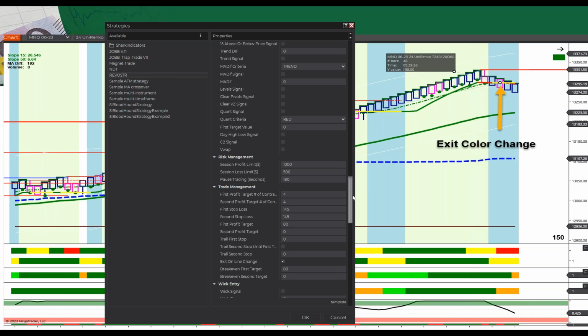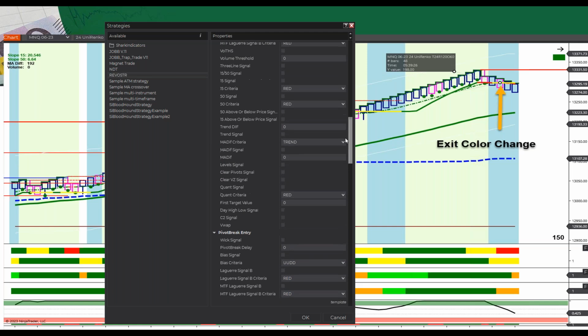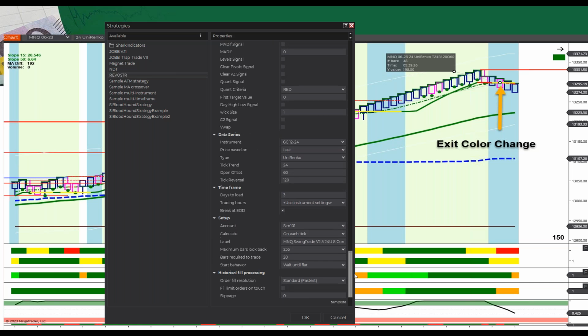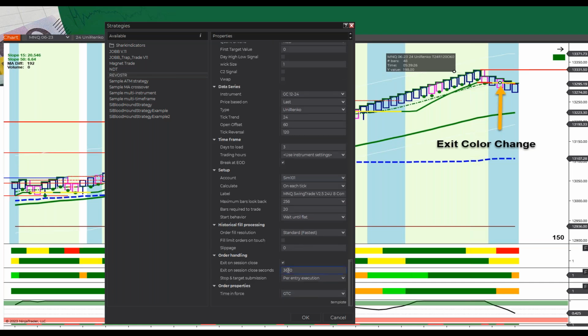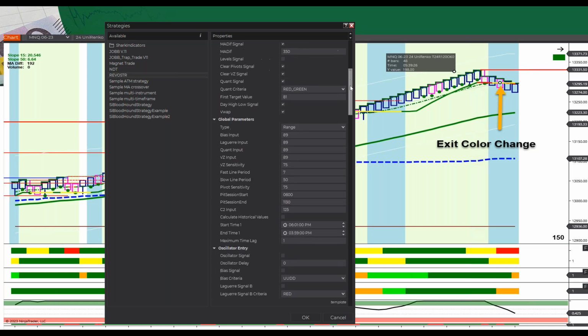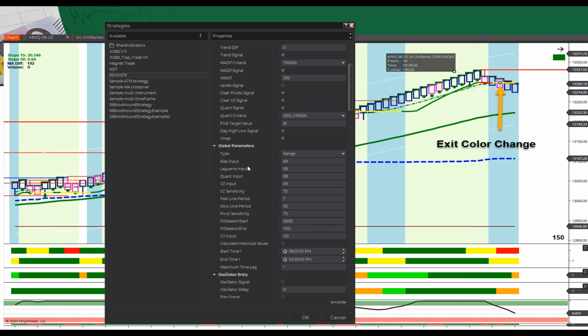And if they come home, either you're going to be down 500 or you're going to be up. Either way, it will exit before the market closes. You can set the start time and stop time when you want it to start and stop.